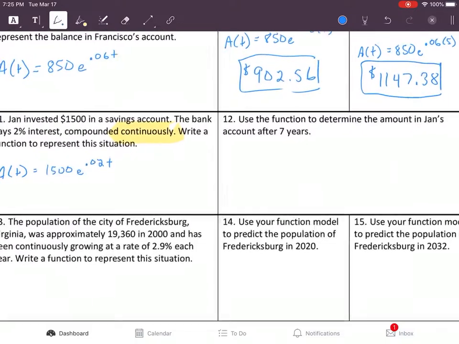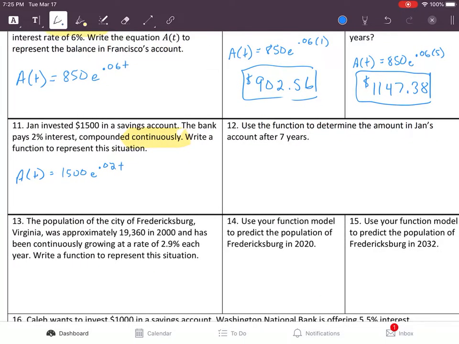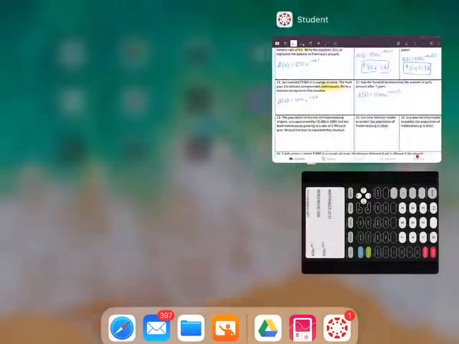All right. We're going to use the same one in question 12 to find the actual answer after 7 years. So we have A of T equals 1,500 times E to the 0.02 times 7. All right, then we go back to our calculator.